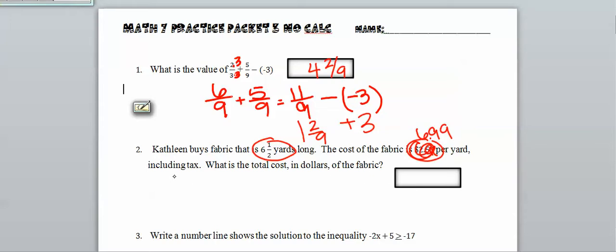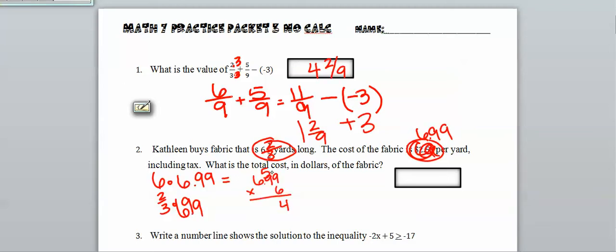Well, I like to break these apart. So this is actually 2/3 on your packet as well. I apologize. So this is 6 2/3, and I'm multiplying each of these by $6.99. So when I do that, I get 6 times $6.99.